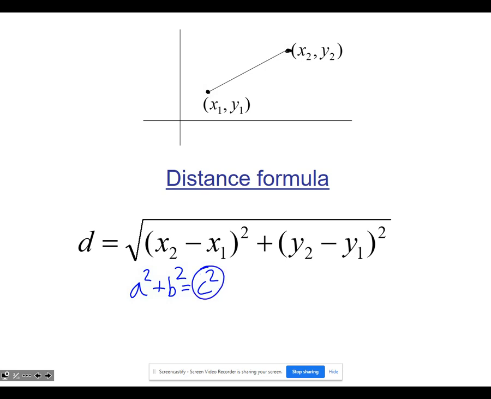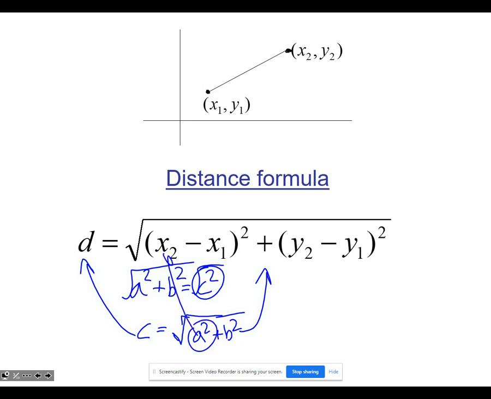To get the c by itself, I'd have to take the square root of both sides. That would leave me c equals the square root of a squared plus b squared. That's the formula. The c is really the d.